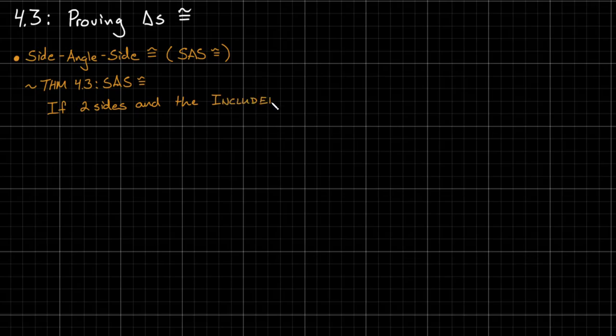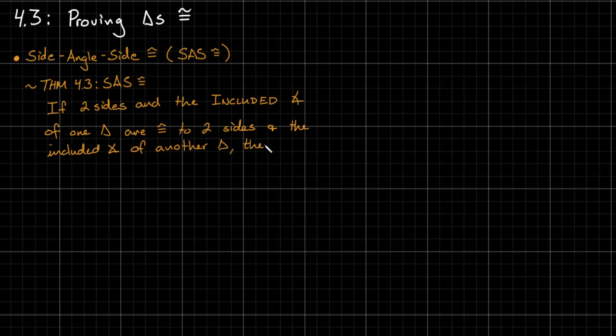If 2 sides and the included angle of one triangle are congruent to 2 sides and the included angle of another triangle. Then, and I'm going to pause briefly and let you guys catch up.